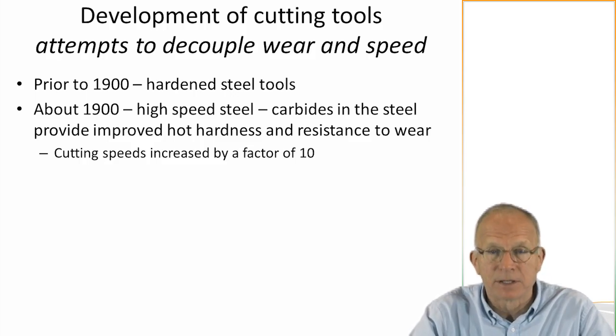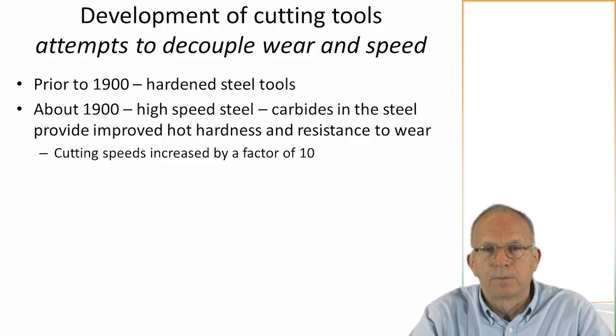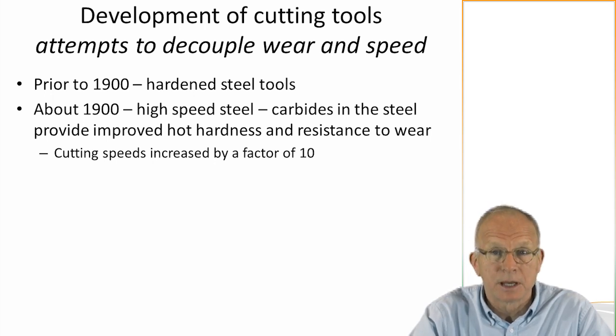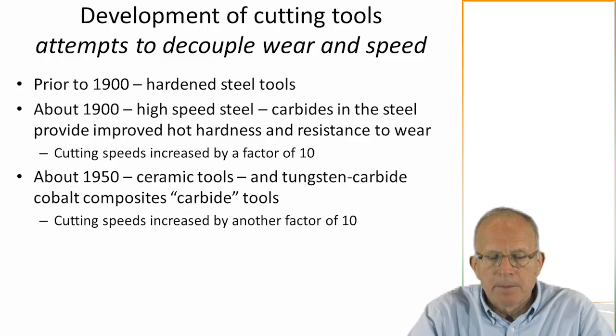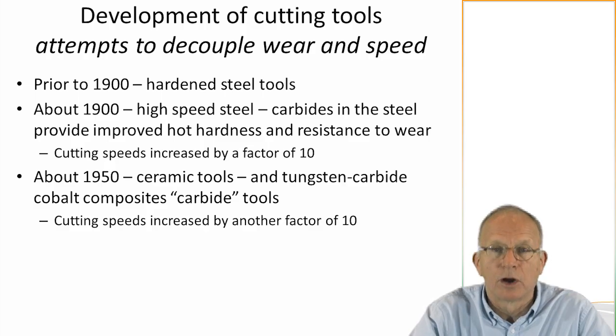Realizing the benefits of this, though, required some adjustments, because if you're cutting 10 times faster, that means you only need 1/10 the number of tools and machinists. By about 1950, ceramic tools had come in, tungsten carbide cobalt composites, which are called commonly carbide tools.